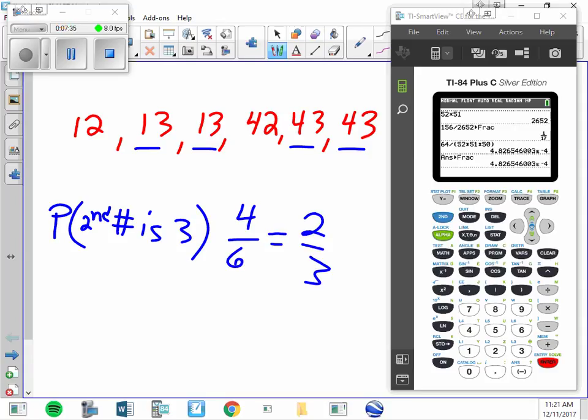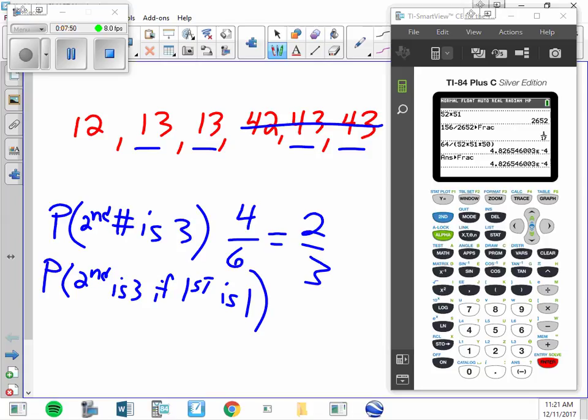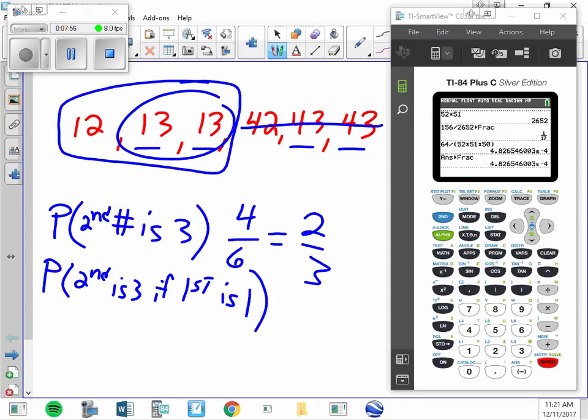Right? Now, what is the probability that the second is 3 if the first is 1? So we throw out all of those, and we get 2 out of 3.